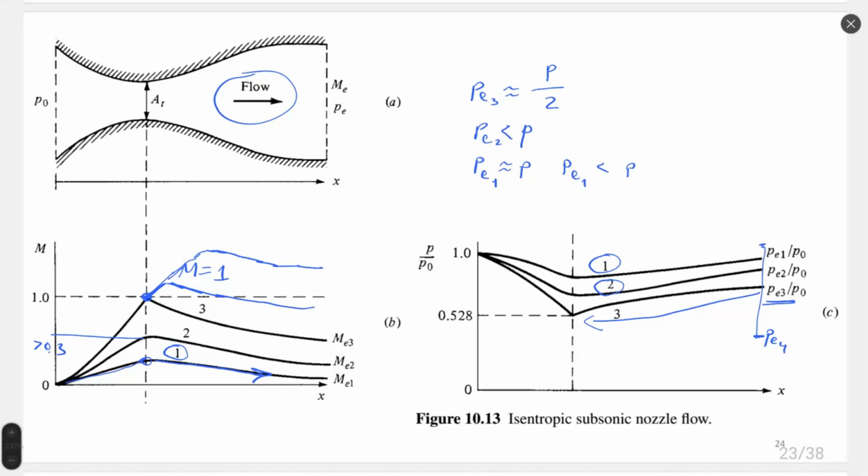supersonic flow. And then there is some specific moment called PE6, where pressure is small enough to have a constant acceleration in all the nozzle. So pressure gradient is big enough to sustain a continuous acceleration of flow in the nozzle.